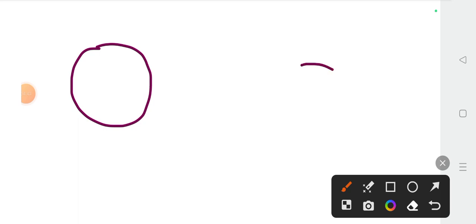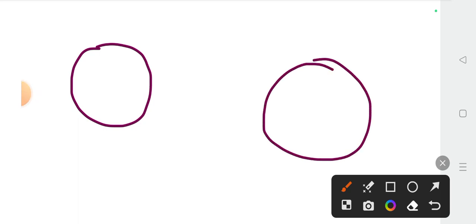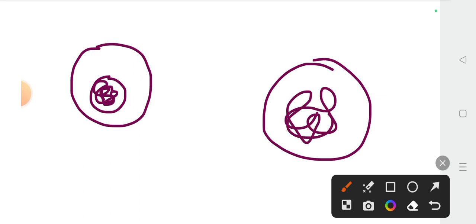So now I will just show you the difference between prokaryotic and eukaryotic cells. I have a white screen. Now see over here. This is a cell. This is also a cell. There is a nucleus. In the nucleus we find thread-like structures. But here, inside the cell, directly the thread-like structure is there.